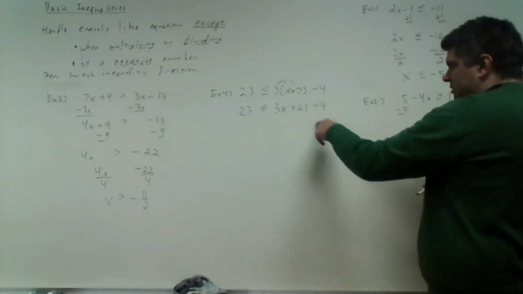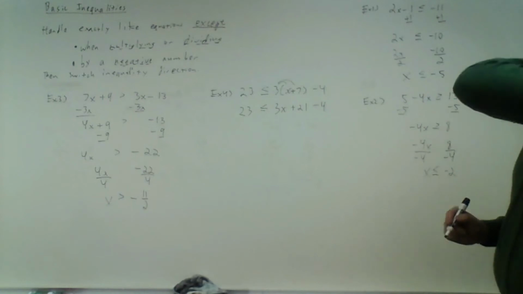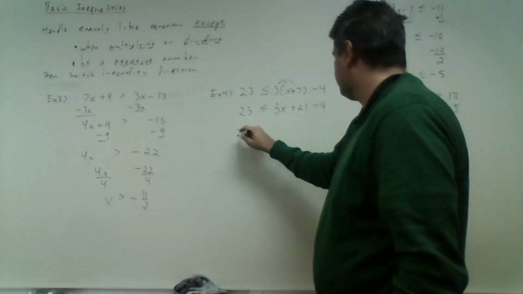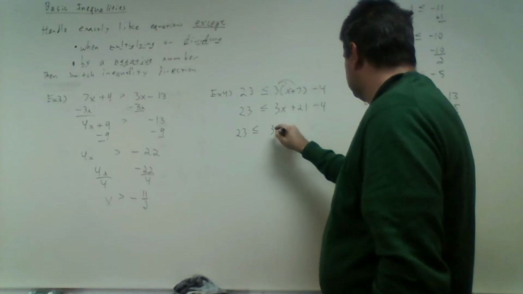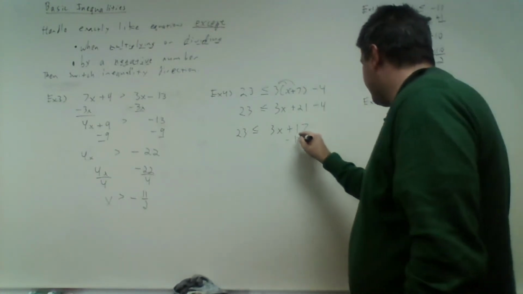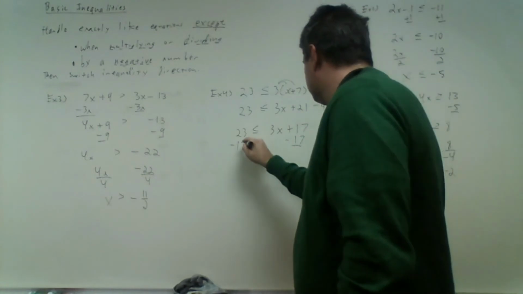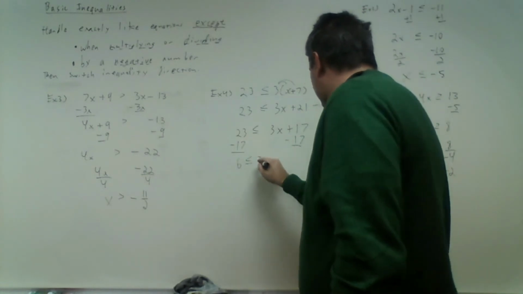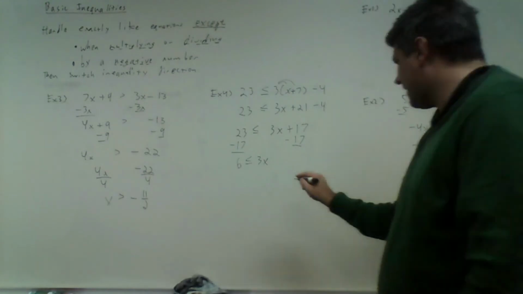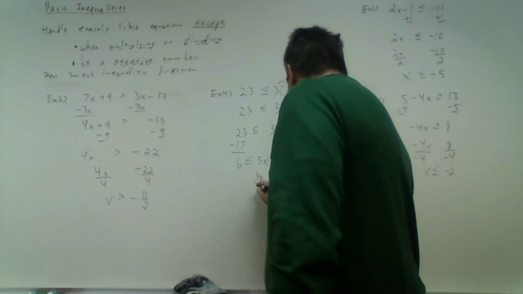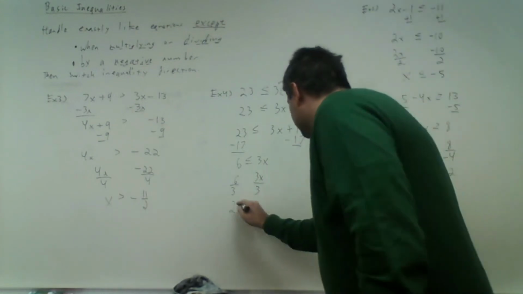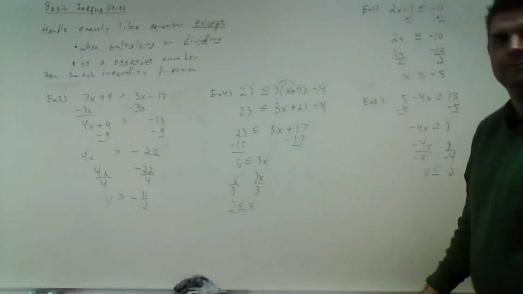We get 3x plus 21 minus 4, which combines to 17. Subtract the 17. We get 6 is less than or equal to 3x. Divide off the 3. And we get 2 is less than or equal to x.